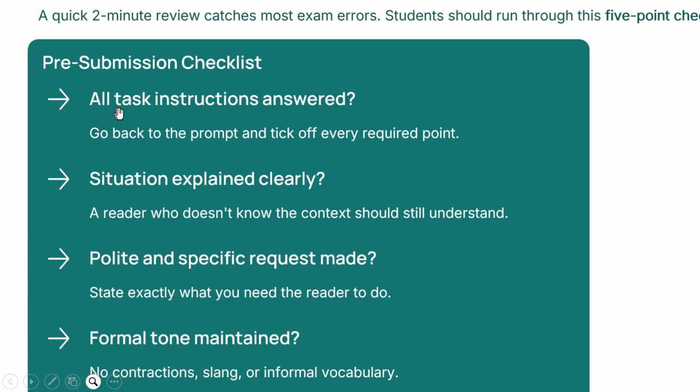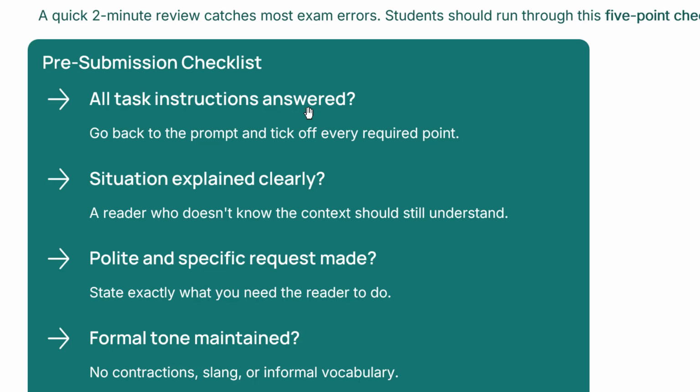The first one: all task instructions answered. When you write your email, you have to answer the bullet points. So before sending your email, check: are all the bullet points answered or not? If something is missing, add it.